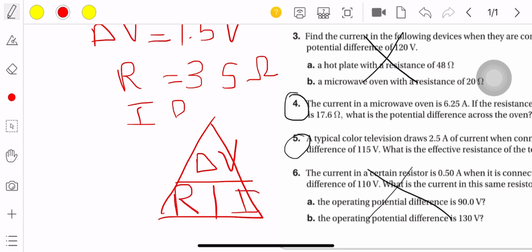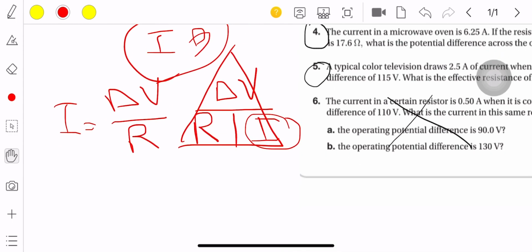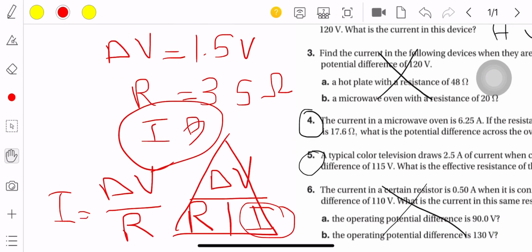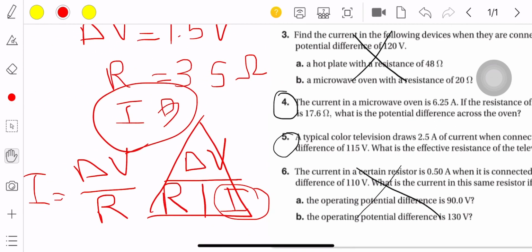What is unknown? I. So I equals what? Delta V over R. So here delta V is given, how much? 1.5.